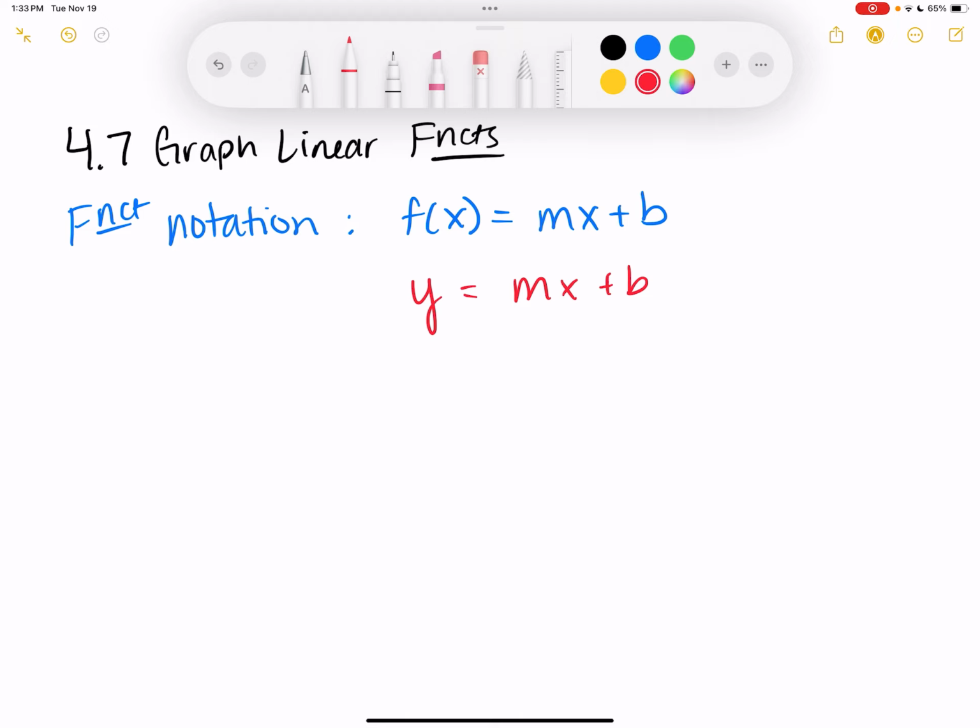And so the graph of this would be something like this. So we would have intercept at 0. Slope is up 1 over 1, or down 1, back 1.